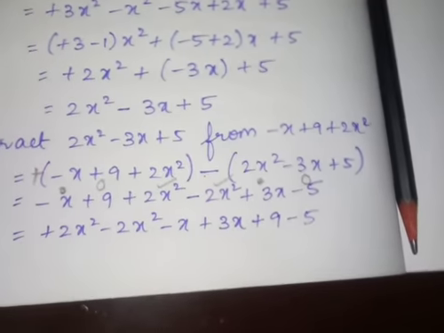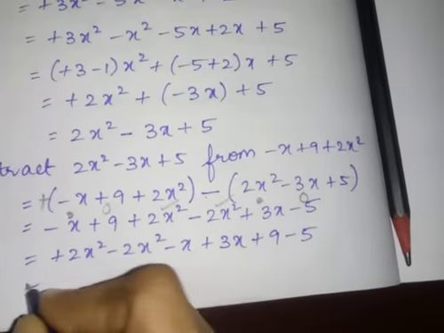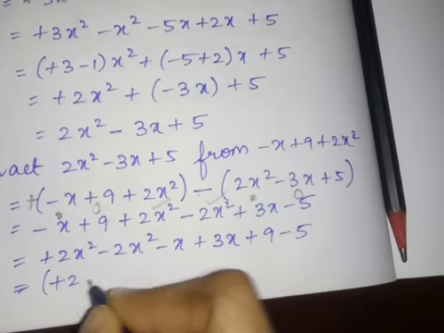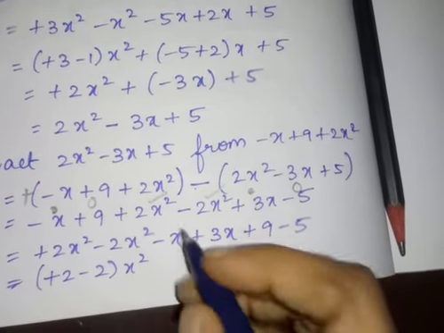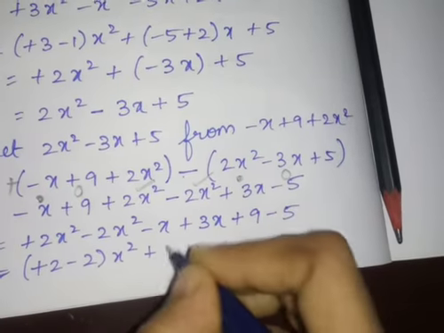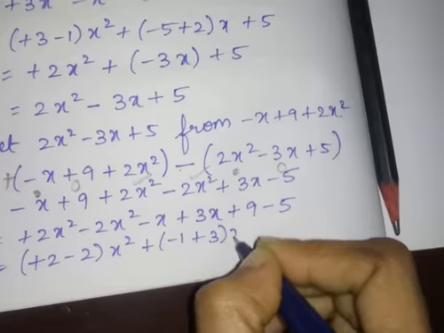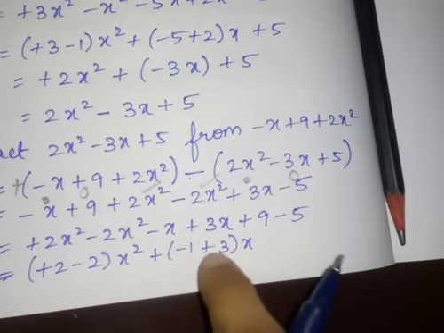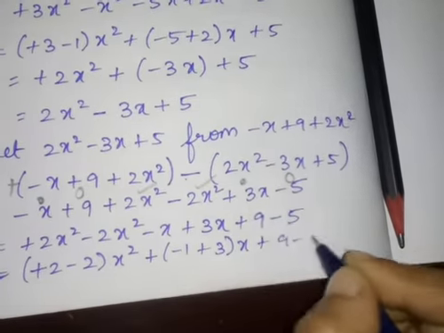Next I am just writing this plus 2 minus 2 into x square, then plus minus 1 plus 3 into x, plus 9 minus 5.